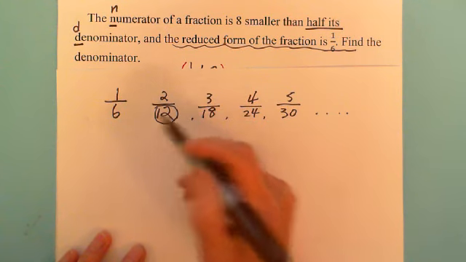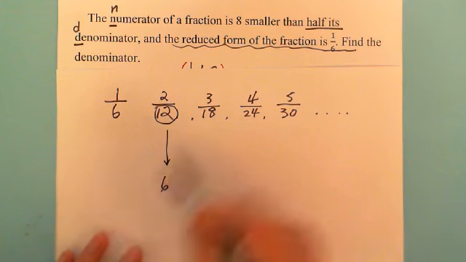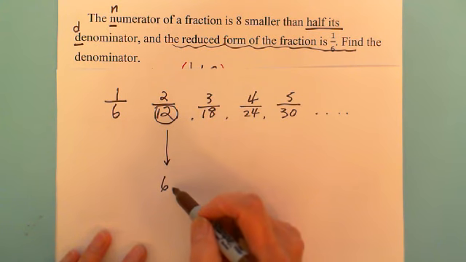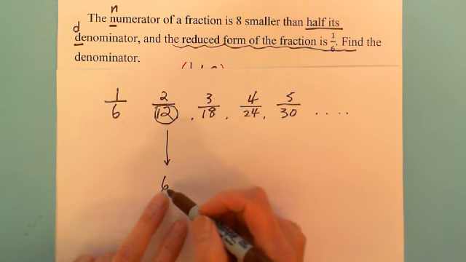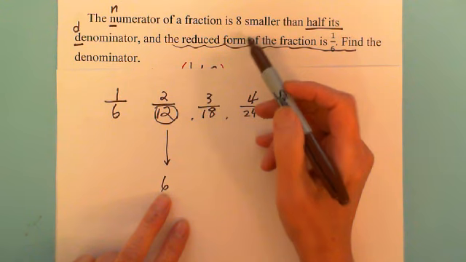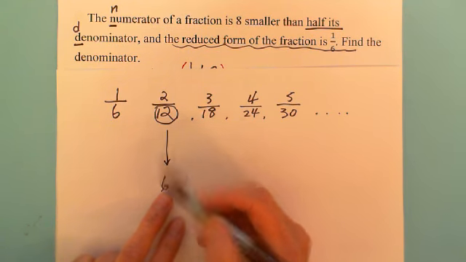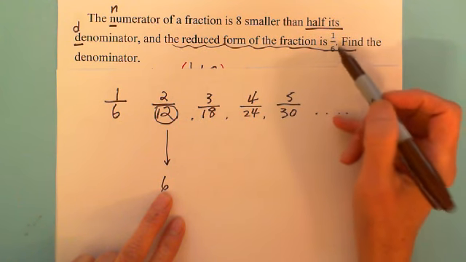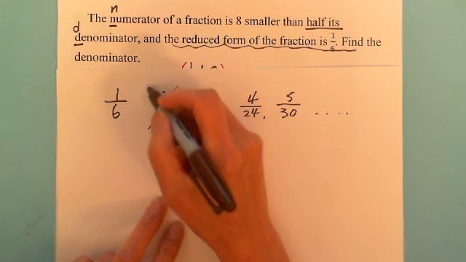Half of 12 is 6, and then 8 smaller than this. This is impossible, because this is 6. How can you subtract 8 from 6? You will get a negative number, but this fraction is 1 over 6, not negative. That's why this one is not working.